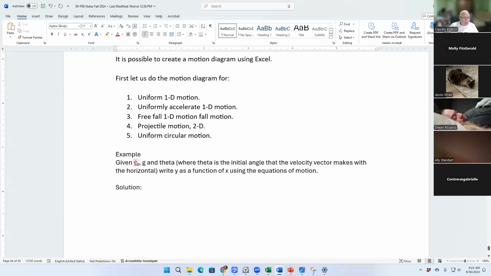Oh, there's more. It's not just v naught, right? Even x naught, y naught, v naught, g, and theta. Write y as a function of x. Okay?